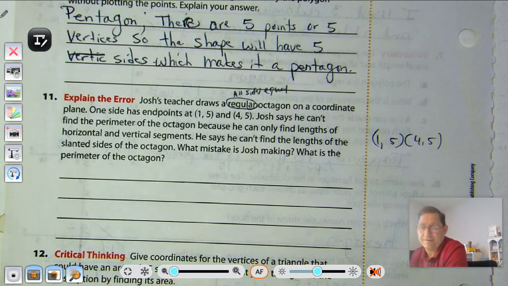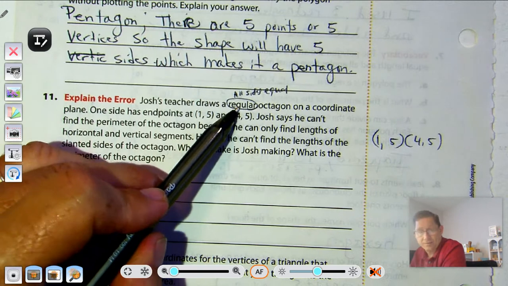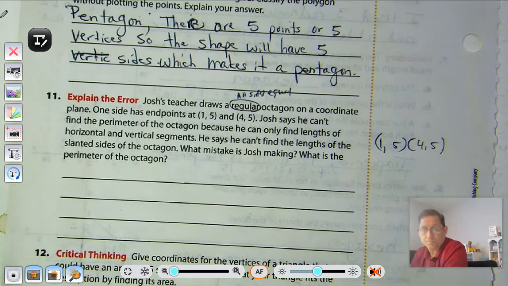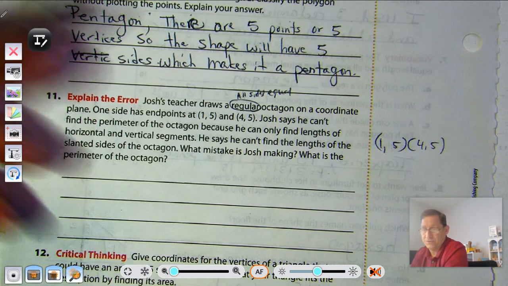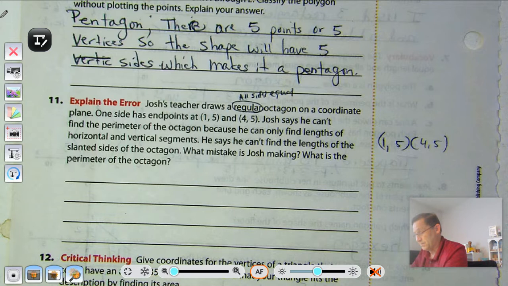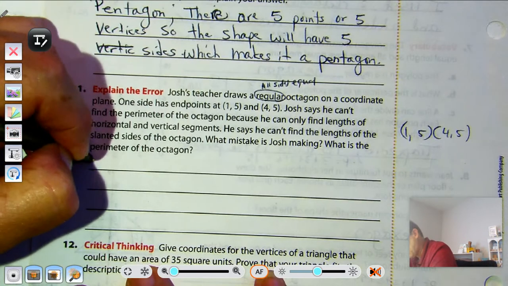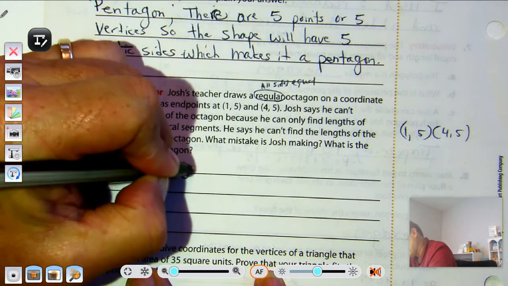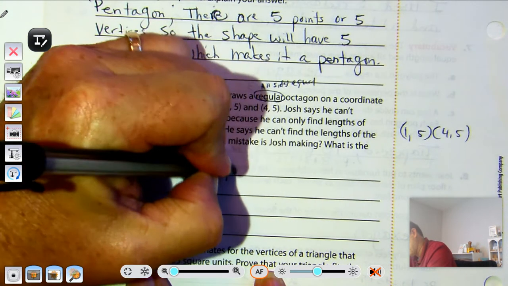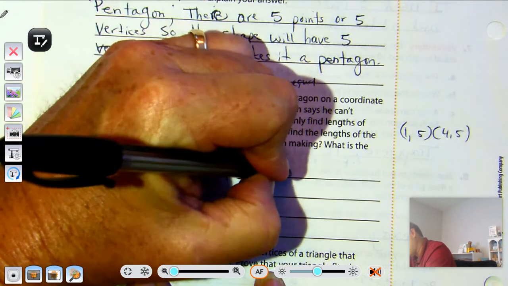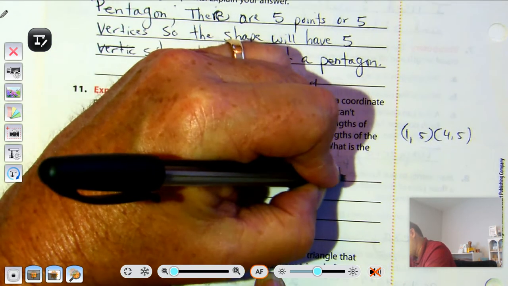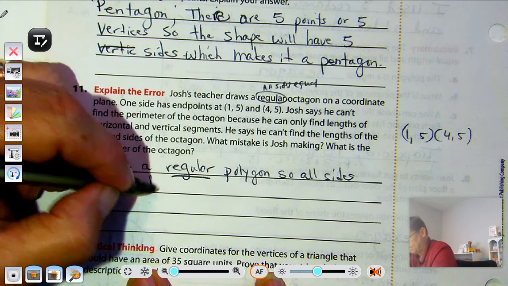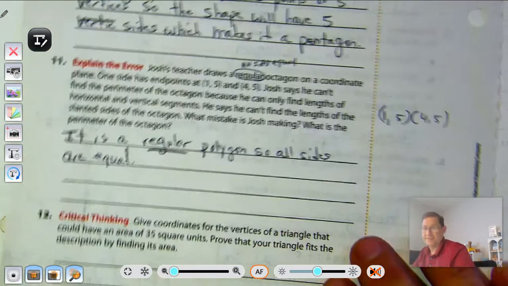Well, yeah, he can, right? Because it says a regular octagon. So if one of the horizontal segments, you know the distance, you know all of the distances. So okay, what is the distance?